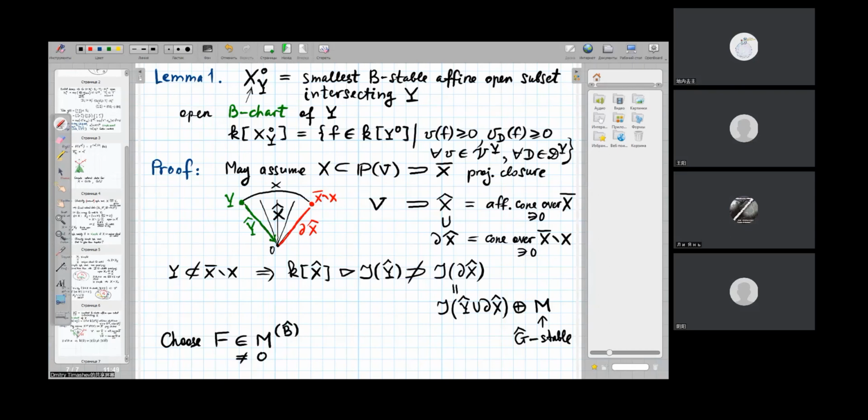It is homogeneous because it is stable under the scalar operators. This subgroup B hat includes scalar operators acting on V, and any polynomial which is an eigenvector for scalar operators is homogeneous.